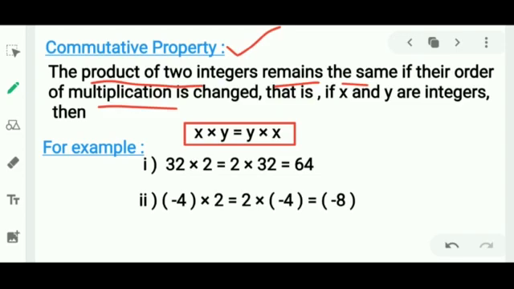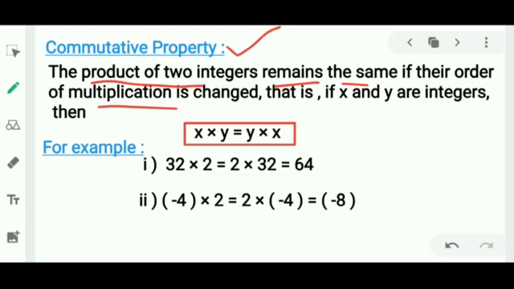In subtraction, it is not possible. In addition, order doesn't make any change in the answer. But in subtraction, order is important. If order is changed, then the answer will be changed.